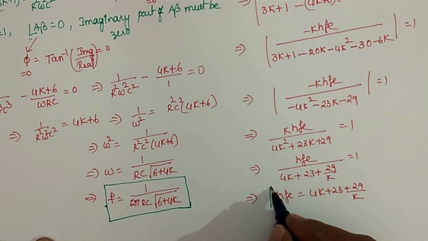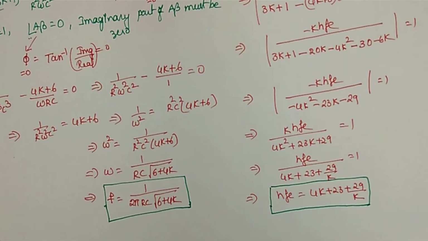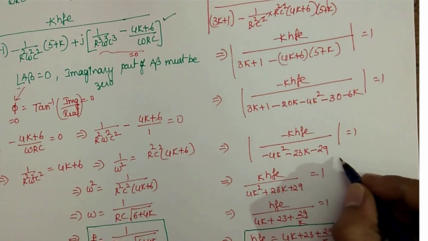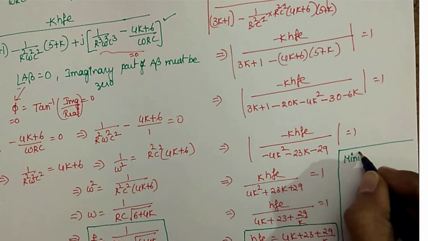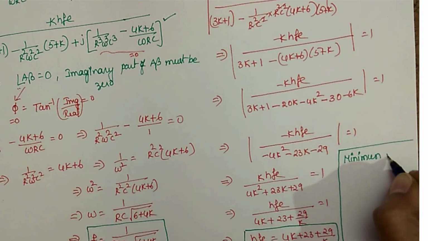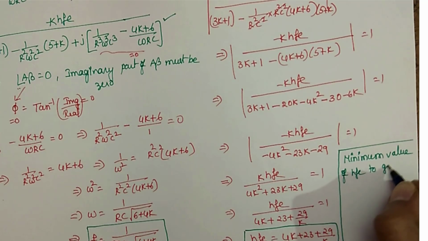So this is the general expression to find the value of HFE to get oscillations. There is another term, that is the minimum value of HFE to get oscillations.